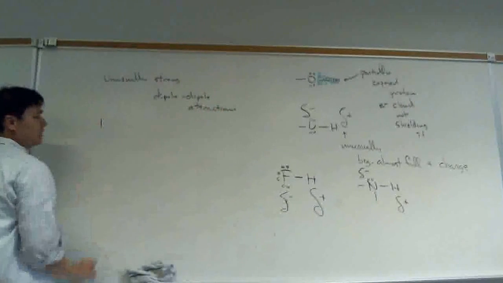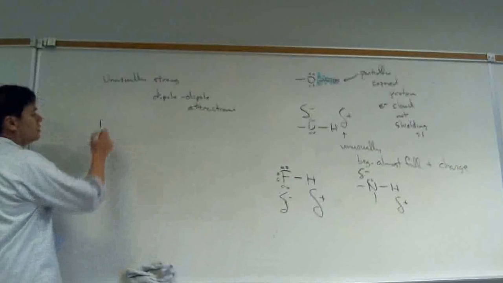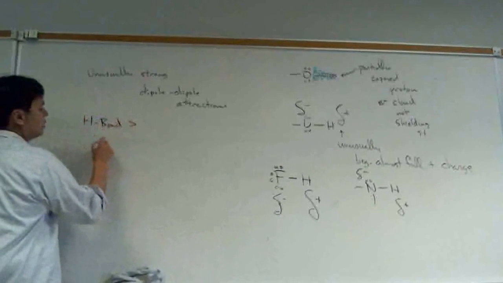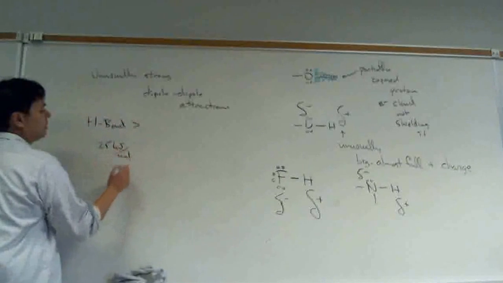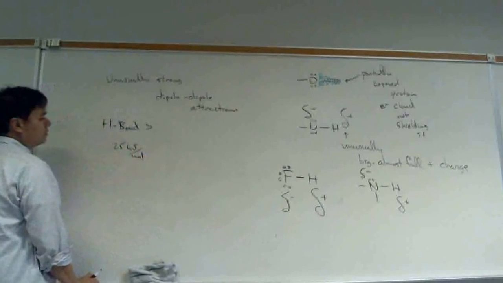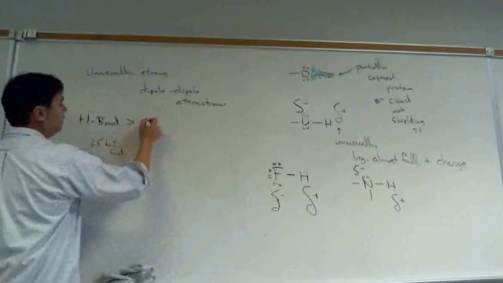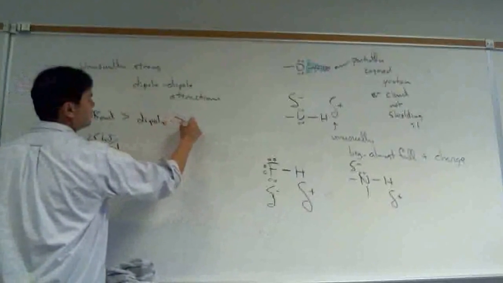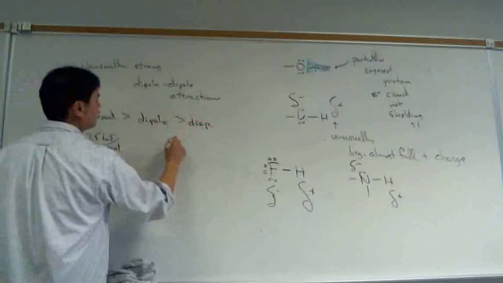This is H bonding. And so H bonds are thought of as the strongest. This is about 25 kilojoules per mole, about a quarter of the weakest covalent bond to break, followed by dipole, followed by dispersion. This is for small molecules.